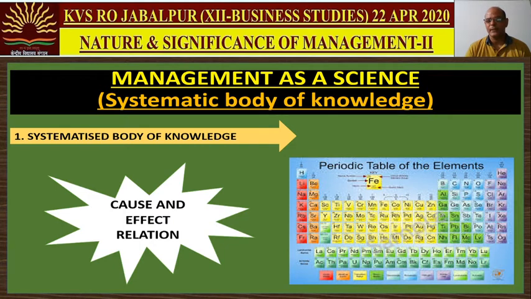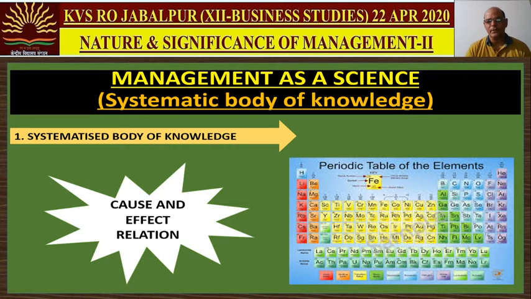In the same way, we all know that basic fundamental principle of economics, that when we reduce the price of a product, the demand increases. Means again there is a cause and effect relationship. So according to first feature, that is systematic body of knowledge, management is a science because it is also having cause and effect relationship where outcomes are clearly predictable.